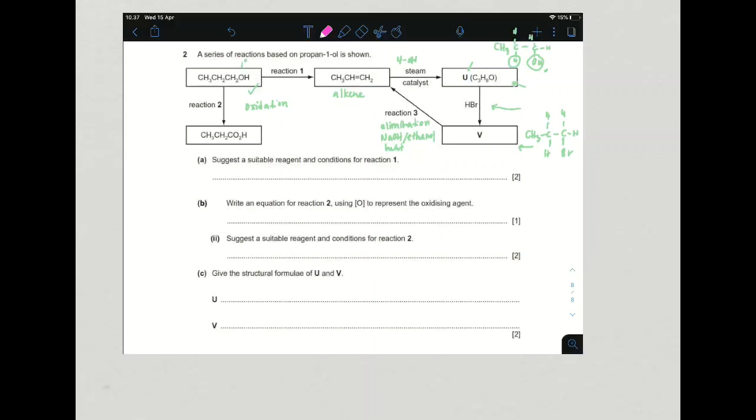Here they say suggest a suitable reagent and condition for reaction 1. Now this reaction 1 is going to be changing a primary alcohol into alkene. So we are removing the water away, so this reaction is going to be a dehydration reaction.